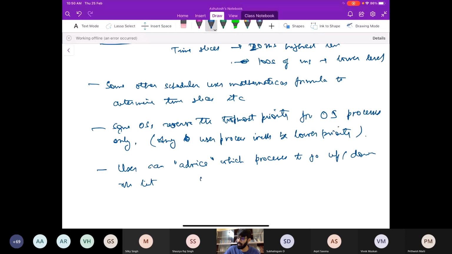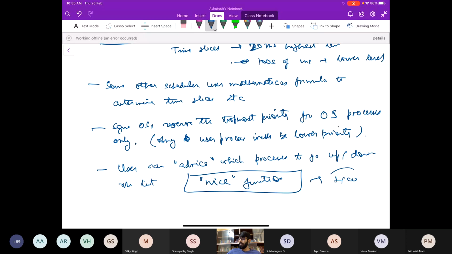This is done by the nice function, and you can see the man page of this to learn more. You can consider this the ungraded homework.